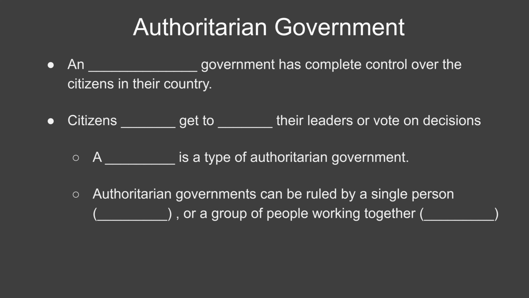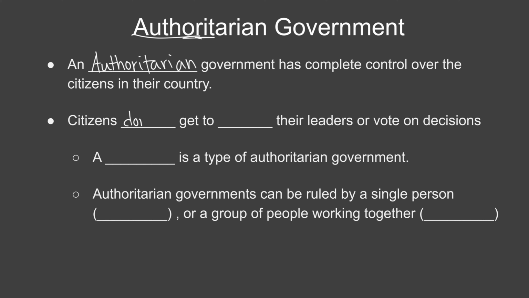And then finally, the last type of government that we're going to look at is an authoritarian government. This means they have the authority to do whatever they want. So an authoritarian government has complete control over the citizens of their country.